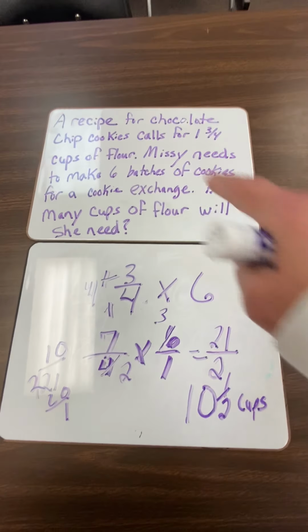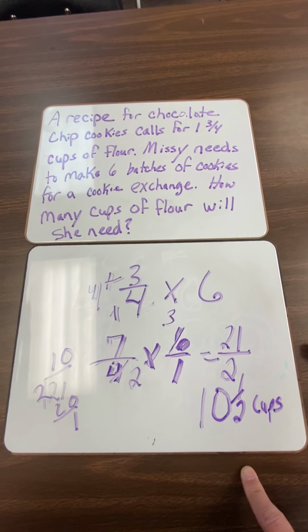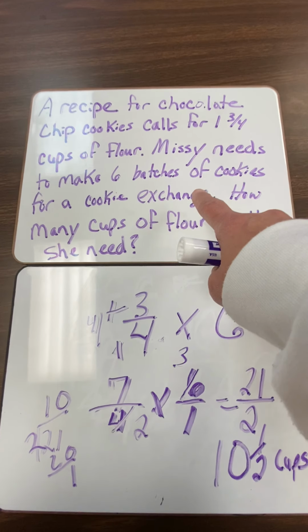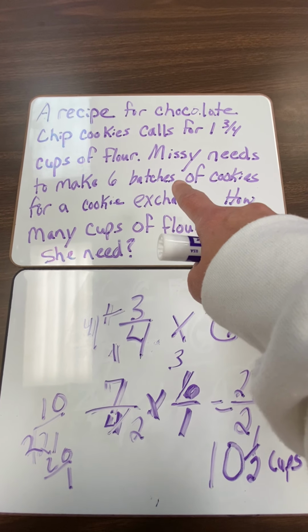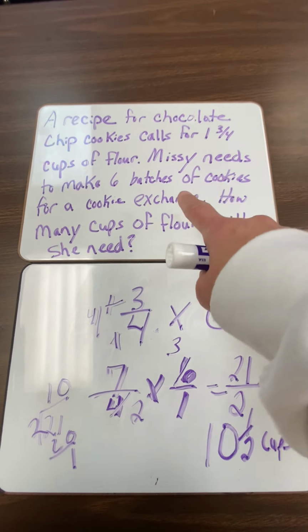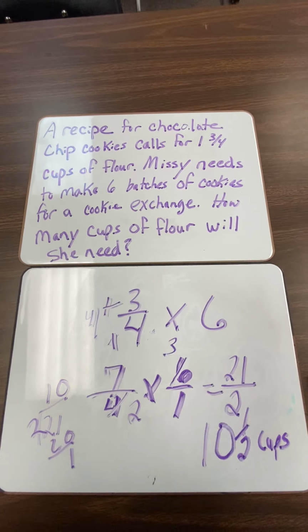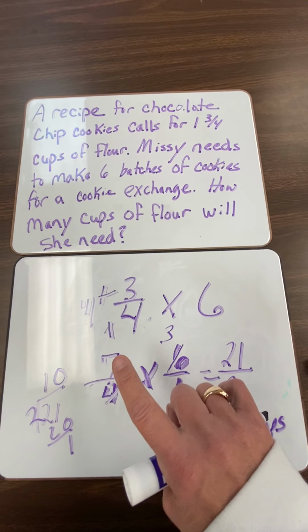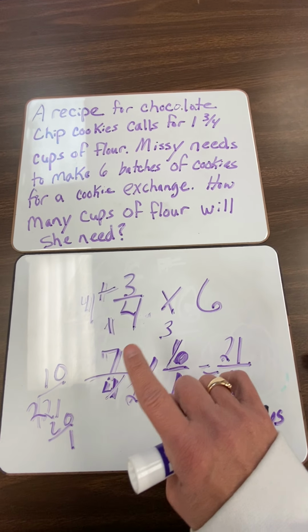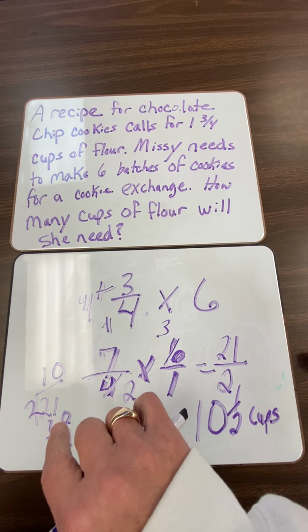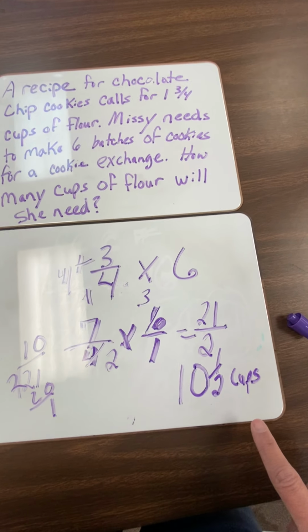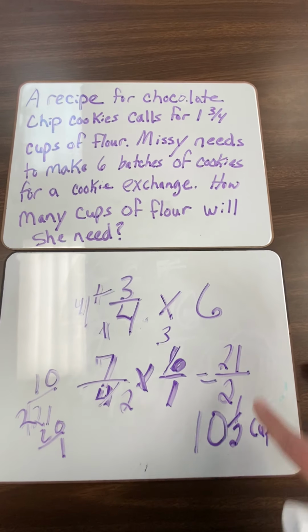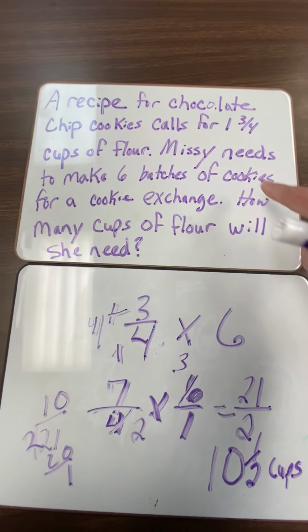Now let's go and see if that makes sense, okay? It says a recipe for chocolate chip cookies calls for 1 3/4 cups of flour. That's for one batch. Missy needs to make 6 batches of cookies for a cookie exchange. How many cups of flour will she need? Okay, is 10 1/2 a possibility for that?